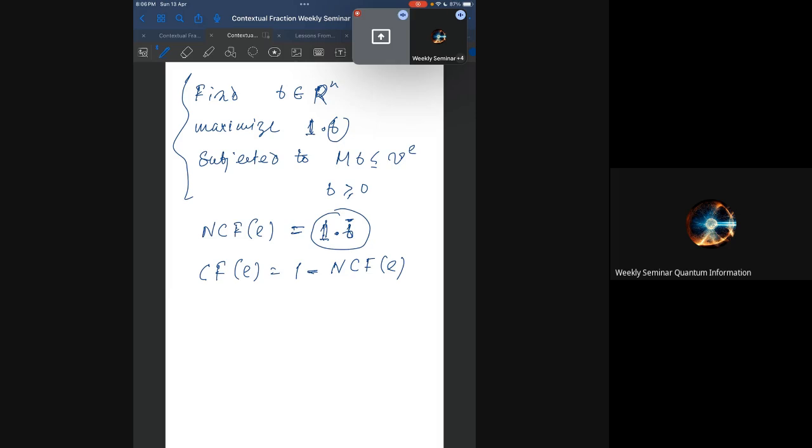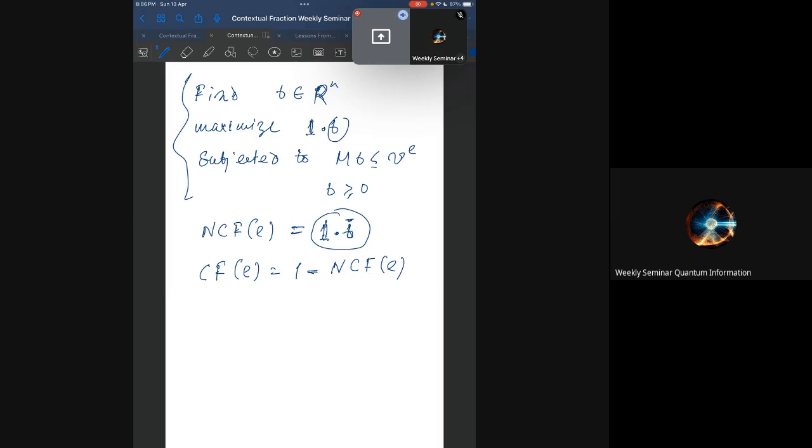Okay. So I will just connect it to some CHSH violation kind of things now. These are some very important results in this direction. So now, in this scenario, we know what an inequality is, I mean, some local inequality or non-contextual inequality. So how to define an inequality?